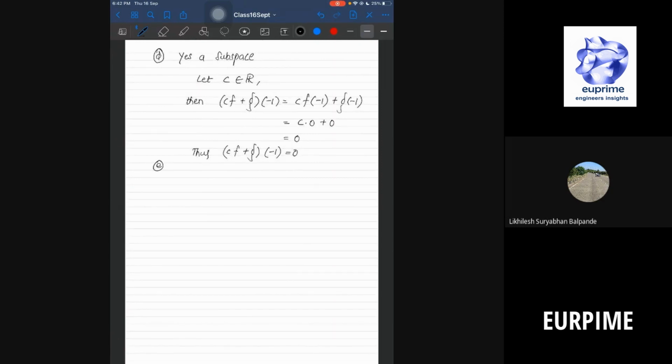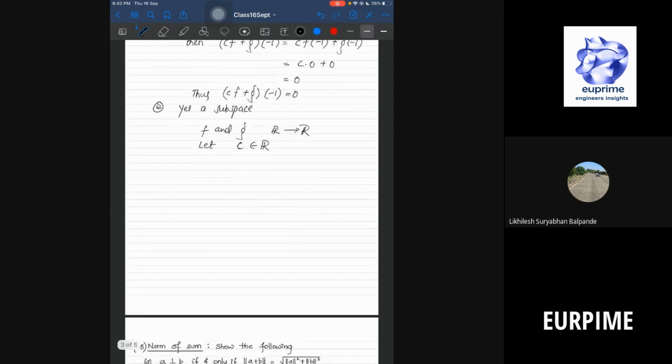And last question, yes, this is also a subspace. Let F and G be continuous functions from R to R, and let C be an element in R. We know that the sum and product of continuous functions is continuous, and since C is also continuous, it follows that CF plus G is also continuous.